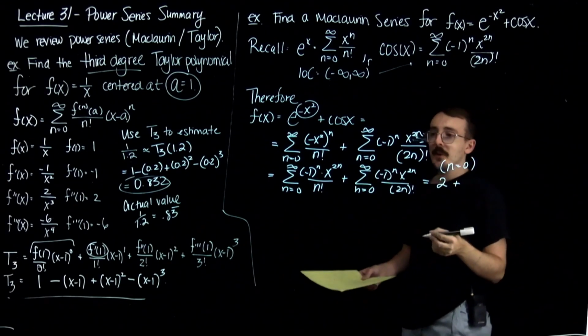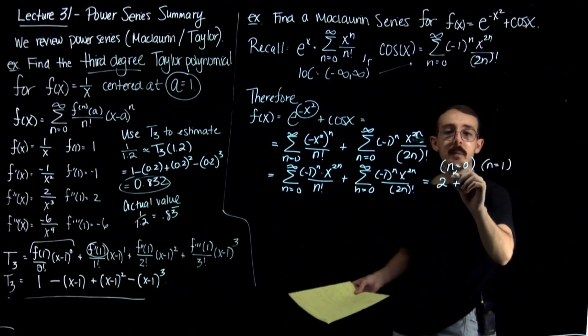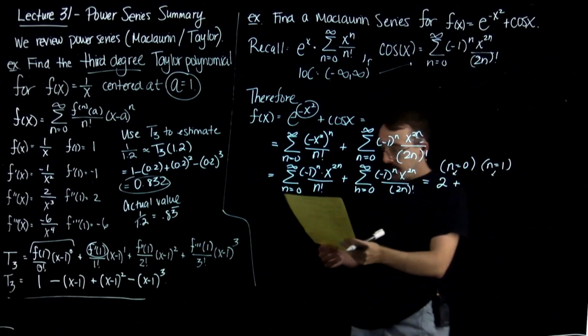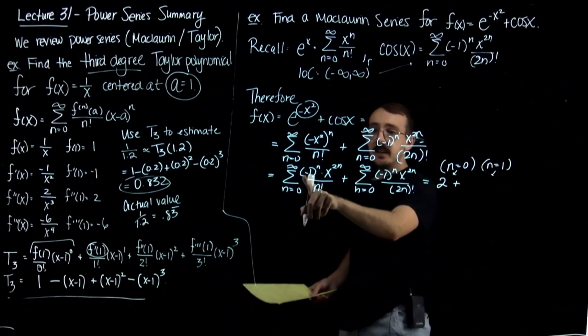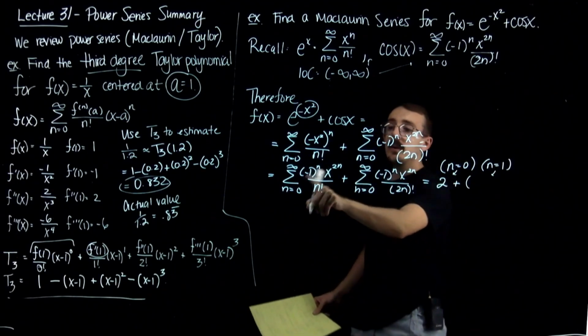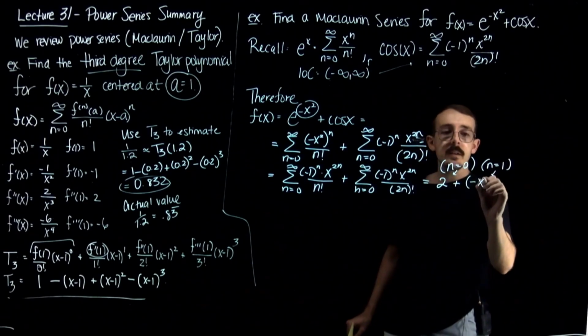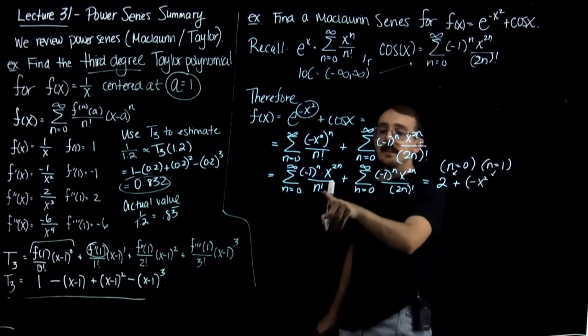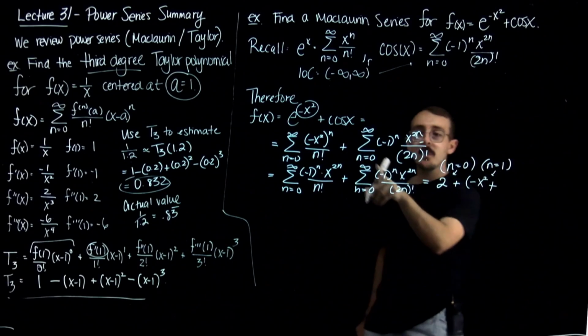Let's do one more. So if you were to plug in n equals 1, what would happen? Well, you would get a negative here. So if you plug in a 1, you get negative, and 1 here would be negative x squared. But then it's divided by 1 factorial, which is just 1, plus, let's plug in the 1 here.